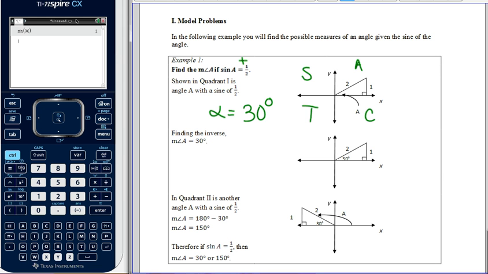That exists in quadrant 1, but also in quadrant 2, because sine is positive in both. So the solutions are 30 degrees for theta, and in quadrant 2, theta is 150 degrees. We can do 180 minus the alpha. So the big idea here is that sine is positive both in quadrants 1 and 2.